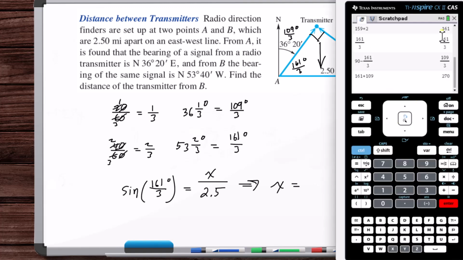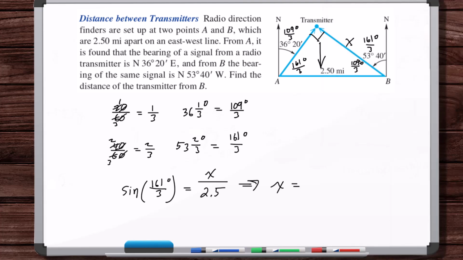Make sure we're in degree mode. Then sine of 161 divided by 3 times 2.5 is 2.01 miles. There we go.